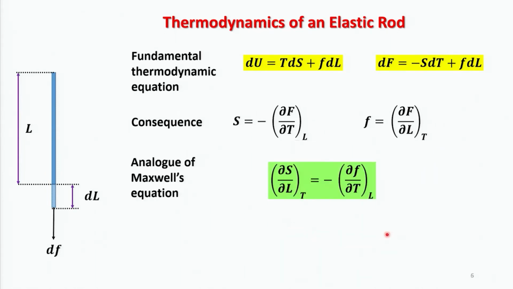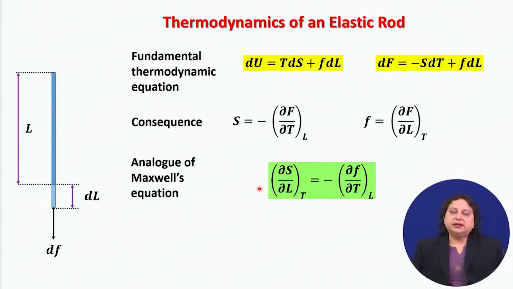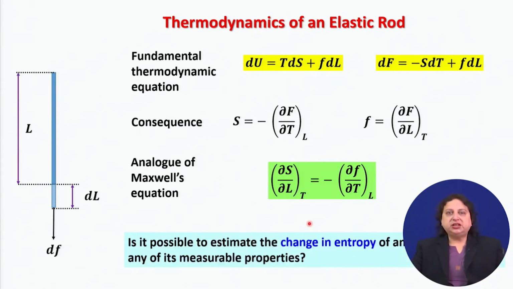We will next go ahead and try to understand some further implication of having an analog of Maxwell's equation like this. And the question that we pose here is as follows: is it possible to estimate the change in entropy of a wire as shown here, of an elastic rod as shown here, in terms of any of its measurable properties?